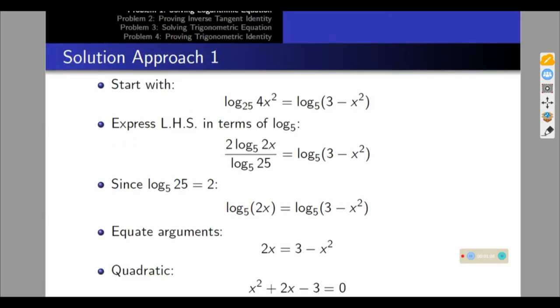Our first solution approach will be to express the left hand side in terms of log 5. So we need to recall some few concepts.